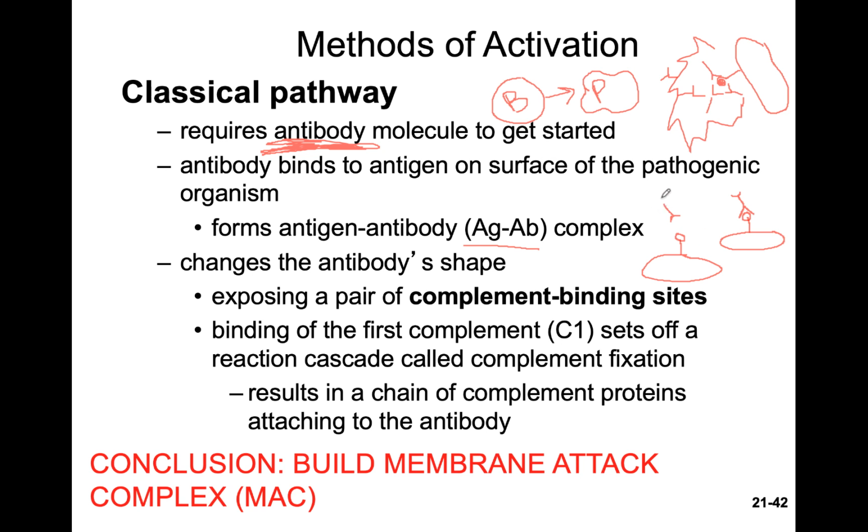If you notice, here it didn't have a binding site, and here it now has an exposed binding site. This binding site is called the complement binding site, and it binds to this protein called the C1 complement protein. And the C1 complement protein will come bind here, and when C1 binds, it sets off a domino effect, almost like a cascade, where other complement proteins will also bind.